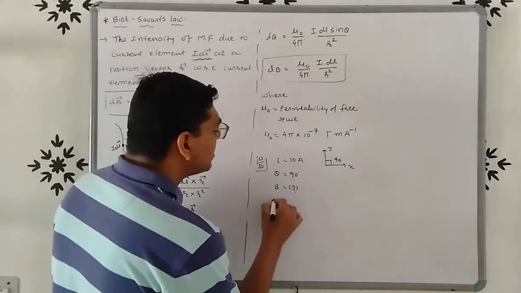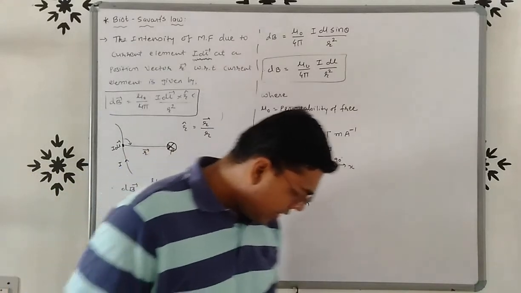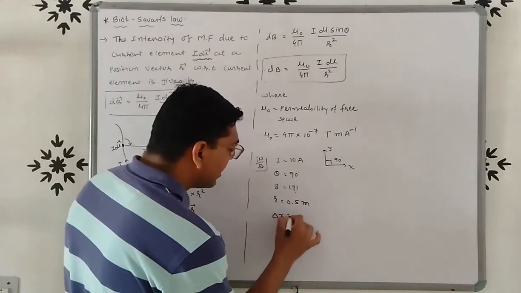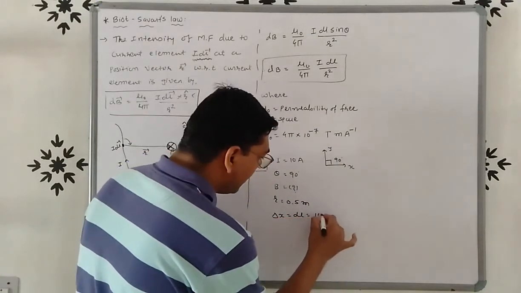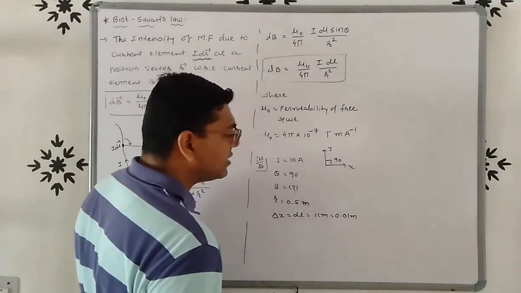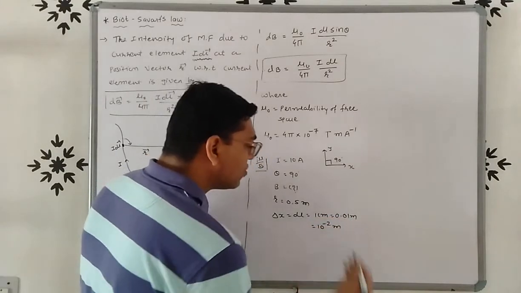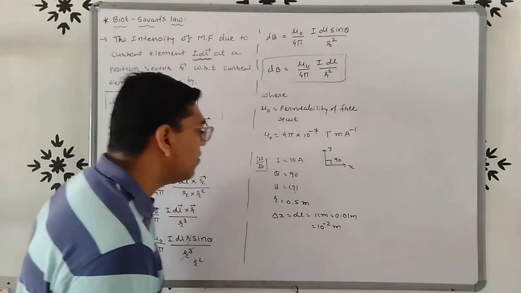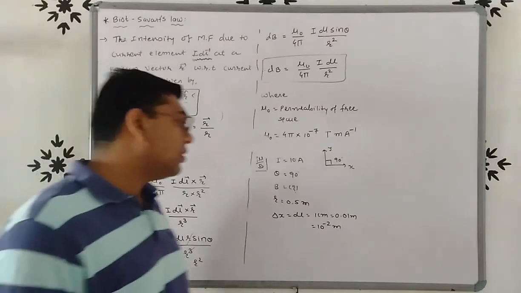So the distance r is given 0.5 meter and delta x, that is dl, is equal to 1 centimeter. If we convert centimeter into meter, it is 0.01 meter, or we can say 10 raised to minus 2 meter, as you wish, right? So here we know the value of current and angle theta.